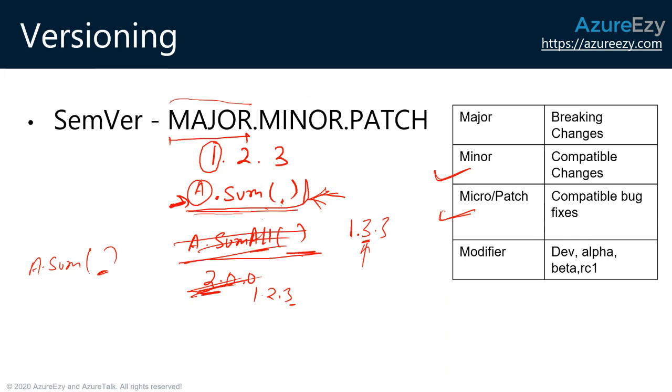Certain bug fixes, or maybe certain enhancements in giving the output in a much better way. Maybe some log information or some verbose information is also coming up. So if you are changing those kinds of things, then instead of making this a minor change, you will make it 1.2.4. So this number will change if you are making certain things as a bug fix.